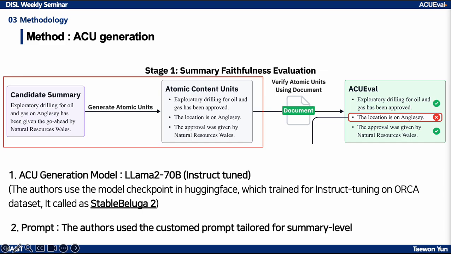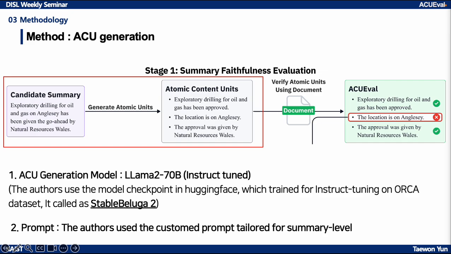So the authors generate ACUs using Llama 2 70B; they just loaded the checkpoint called Stable Beluga 2, which was an instruction-tuned model on Hugging Face.